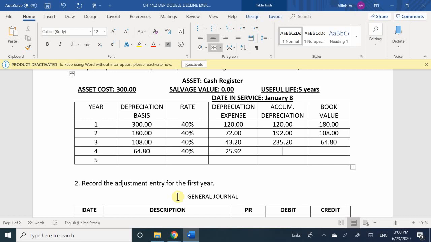You add 235.20, and you don't get that number. 235.20 plus 25.92 is 261.12.